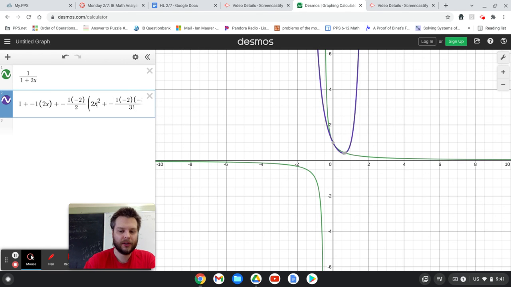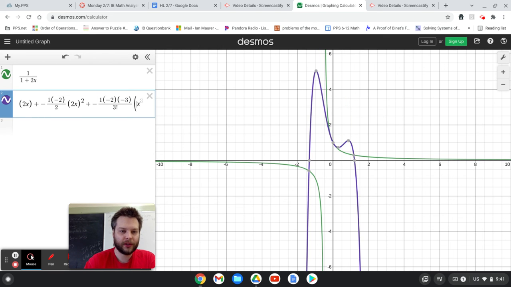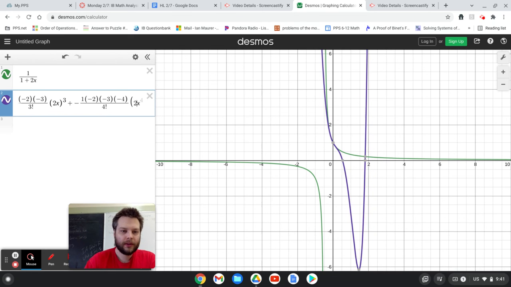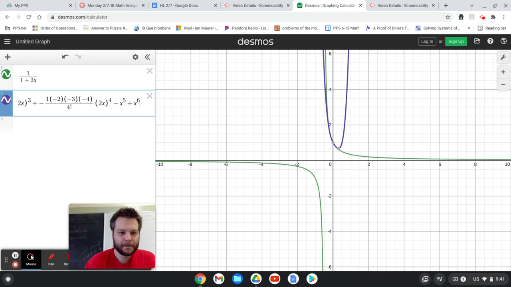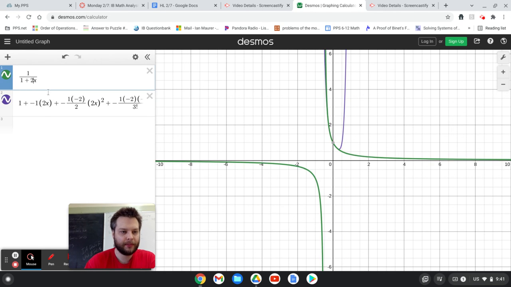So as I go through and add in these 2x's, you can see how the purple function will again approximate the green function. Almost there. And so this is a really nice shortcut because no matter how complicated I make the original function here, I could make this number whatever I want and then just substitute it in for all of the x values, and I'll get a dang good approximation.